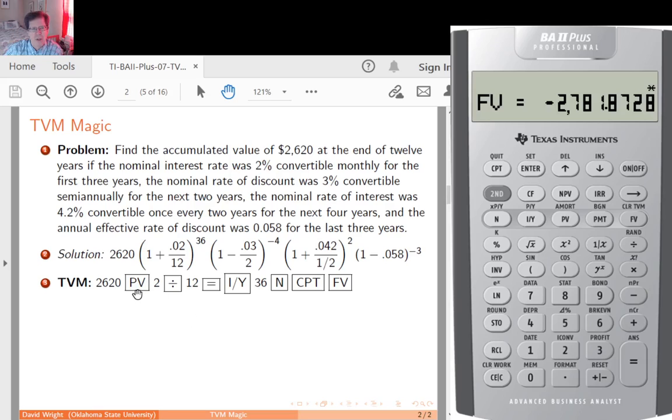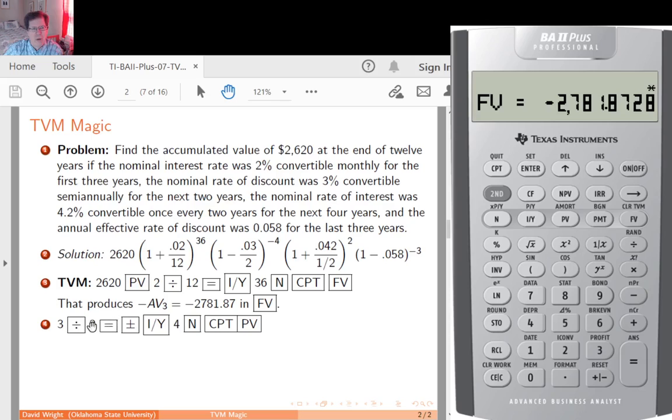Oops, no, we do have the answer. Okay, so we're going to put in the interest rate, which is 3 divided by 2 equals, and we're not going to put that in as 1.5. We're going to put it in as negative 1.5 in the interest rate. So it goes in with a negative sign.